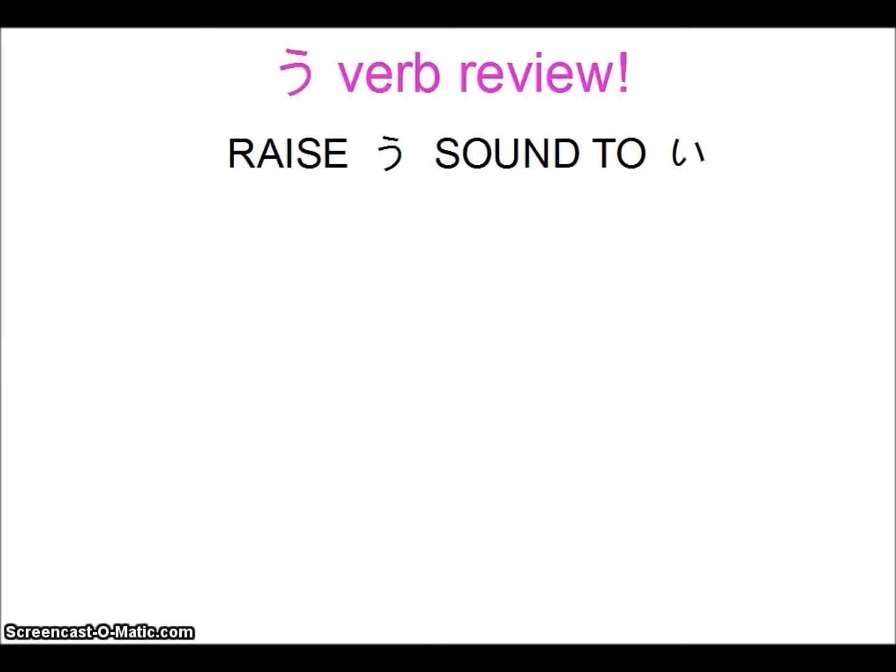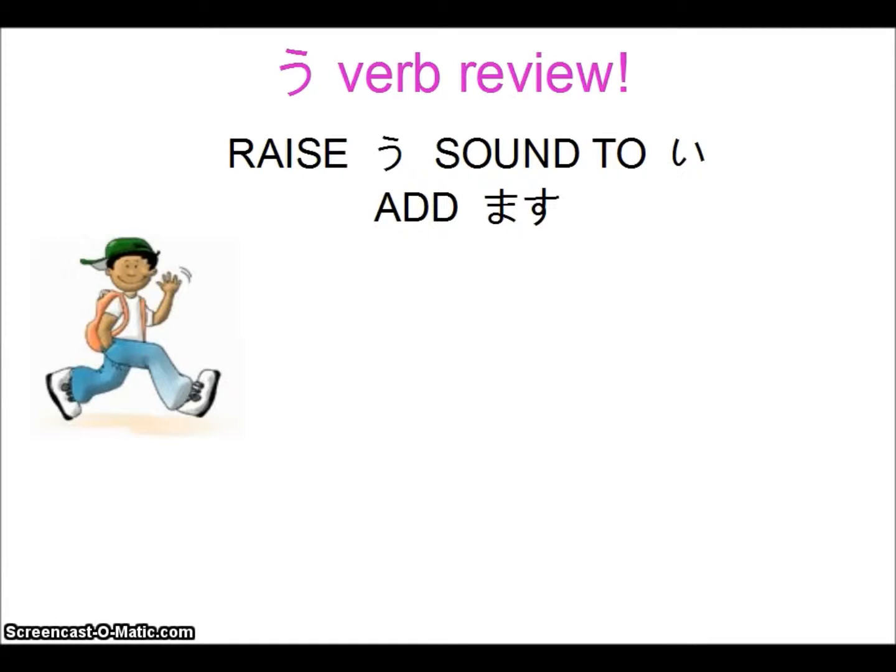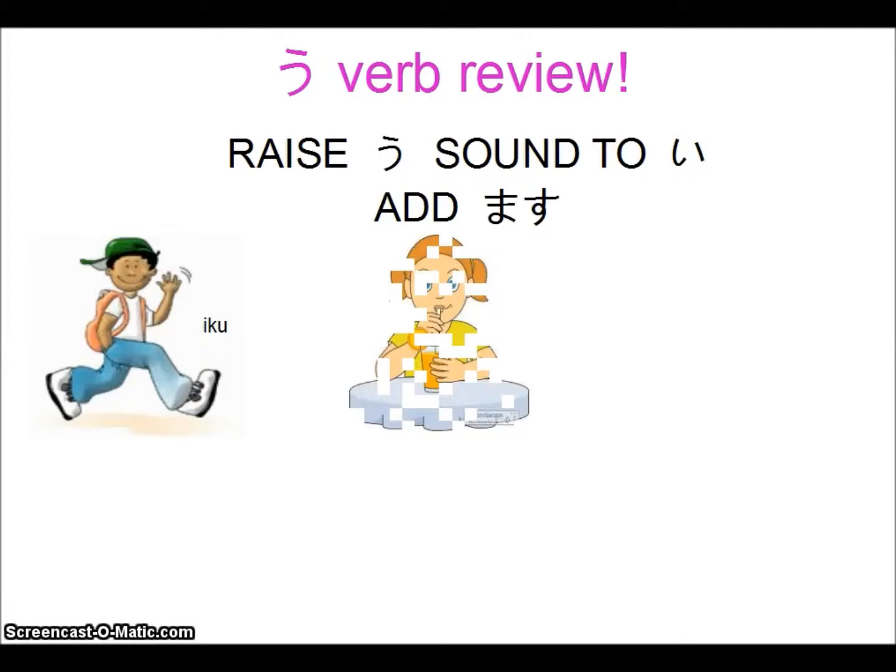If it's bu, it becomes bi. Then you add the mas. So what verb was this in Japanese? This verb was iku. So if we change it to an e and then add mas, that would be ikimasu. Ikimasu. What is this verb?